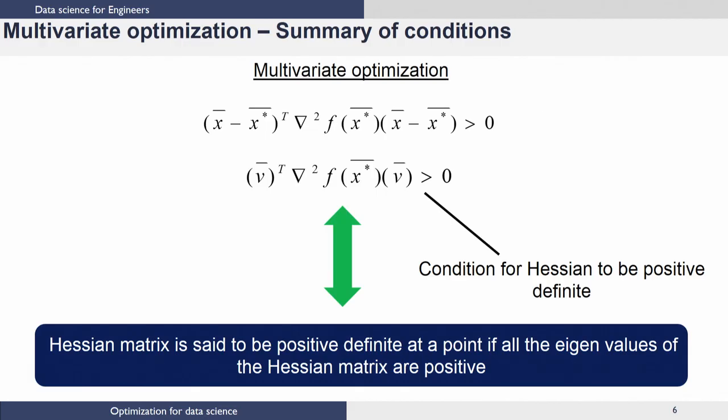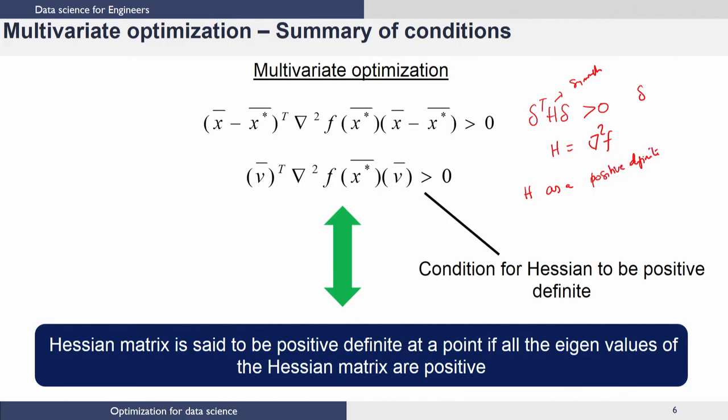So, we come back to this. In the last slide I wrote this as delta transpose H delta greater than 0, where H is symmetric, H is basically this second derivative matrix. Now, we did not see this in the linear algebra lectures, but if I need this condition to be satisfied irrespective of whatever delta is, then we call this H a positive definite matrix.